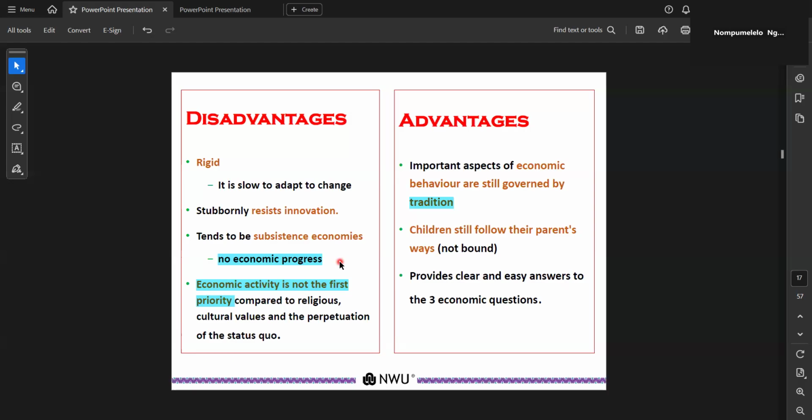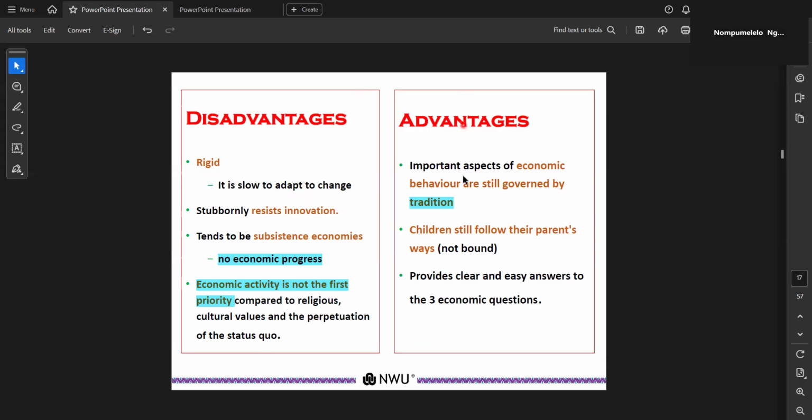And then, they do not adapt to change, which means that they resist innovation. So even if you don't remember these two, if you remember the first one, you then remember the second one to say they do not prioritize economic activities, therefore there is no economic progress. And also if you remember the first one here, you remember the second one to say they are slow to adapt to change, therefore they resist innovation.